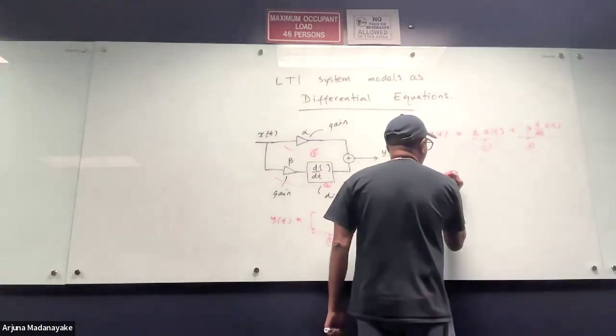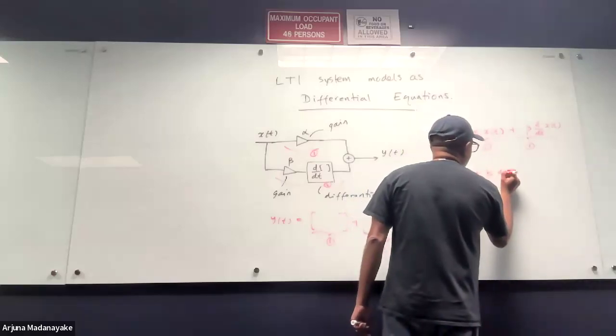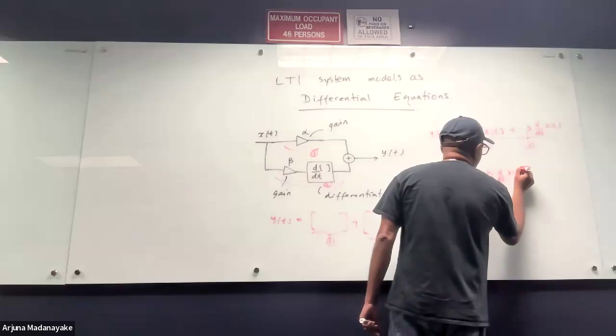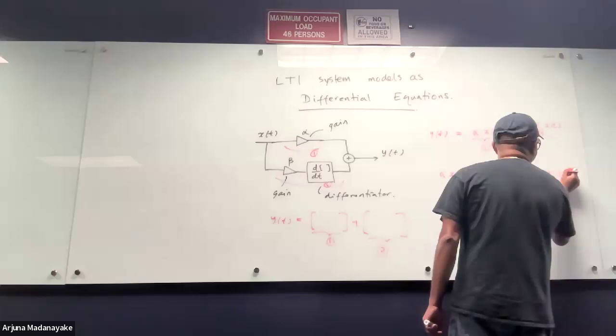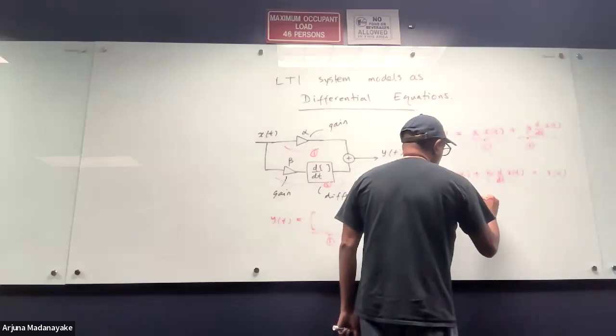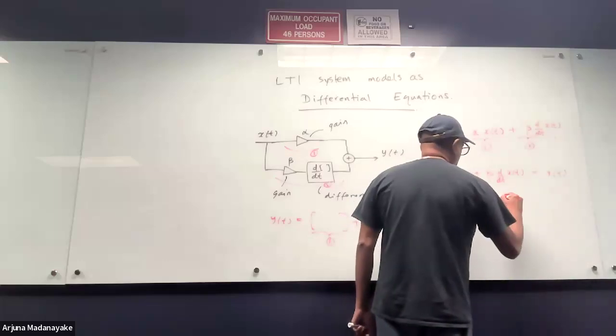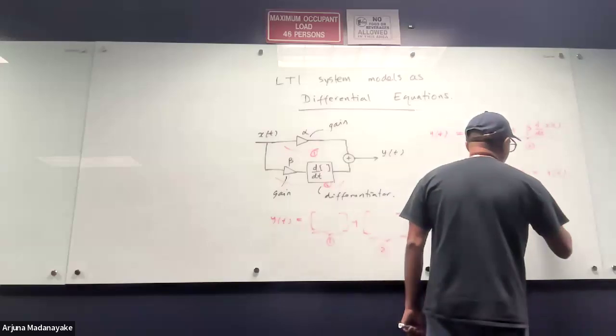So I have alpha x of t plus beta d over dt of x of t. You can also write this as alpha x of t plus beta x prime, or x dot, of t.